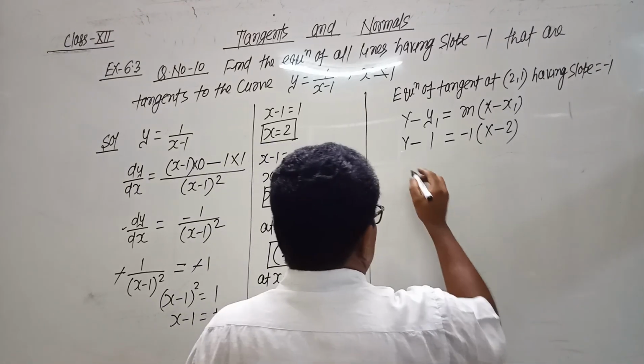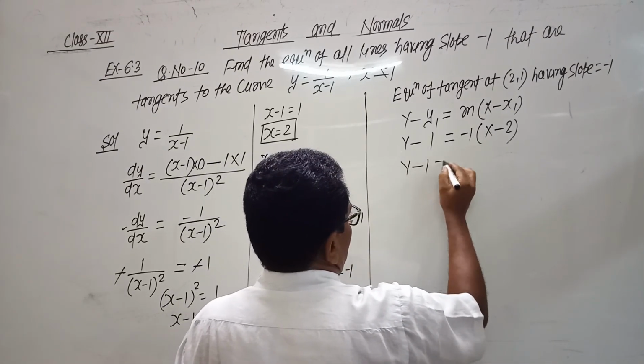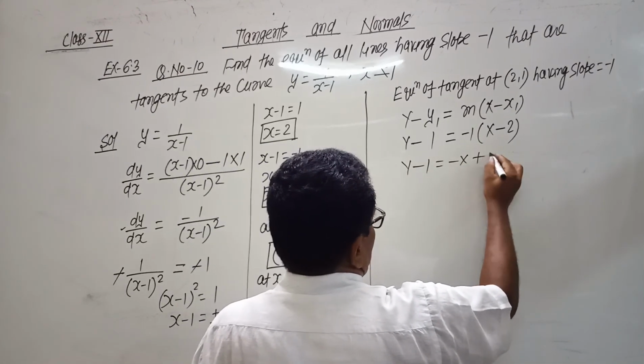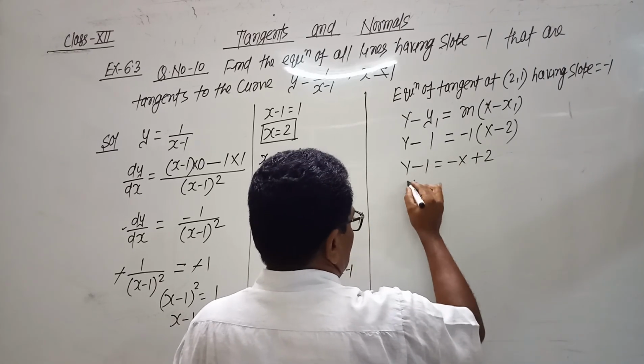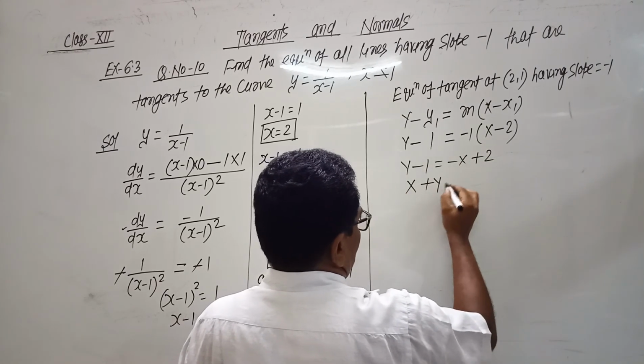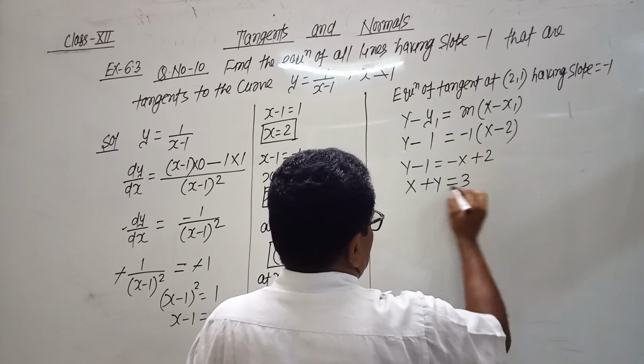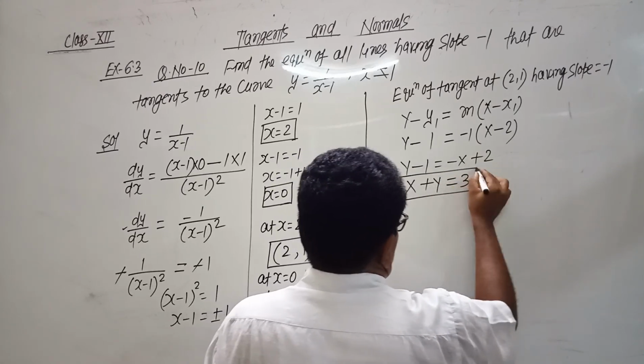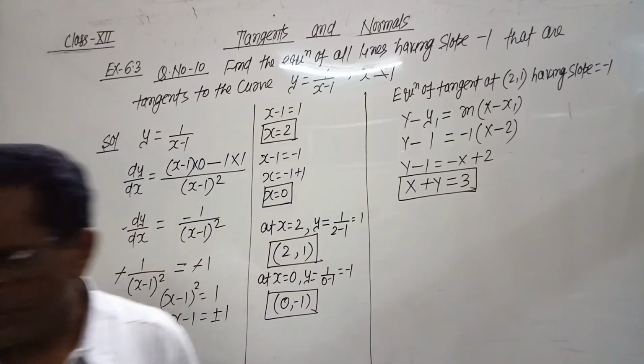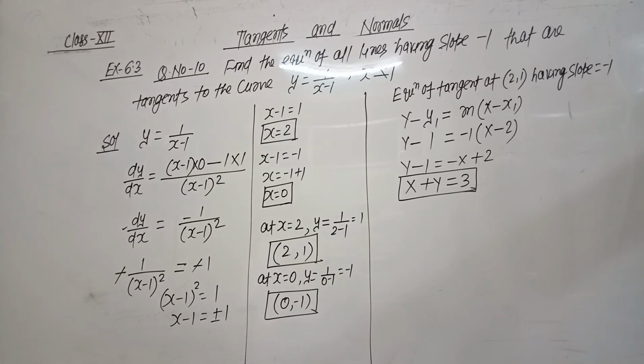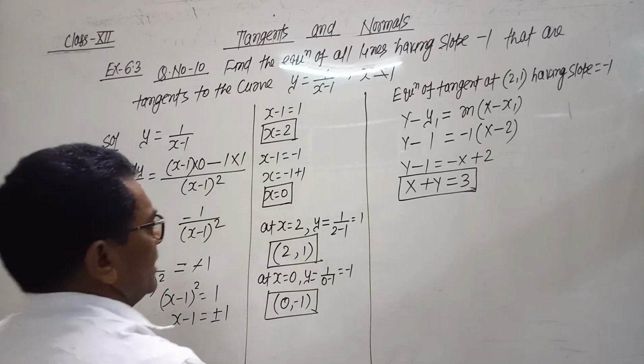So solving this, y minus 1 equals minus x plus 2. This minus x comes to the left side, so x plus y equals 2 plus 1, 3. So this is the first equation of tangent, meaning equation of line: x plus y equals 3.